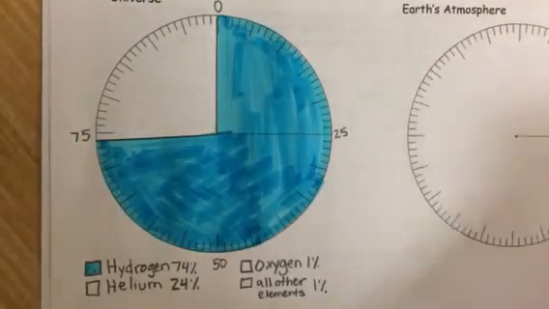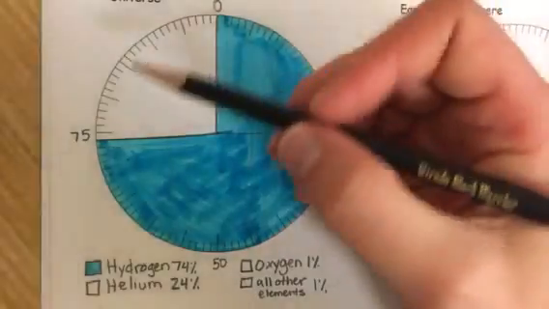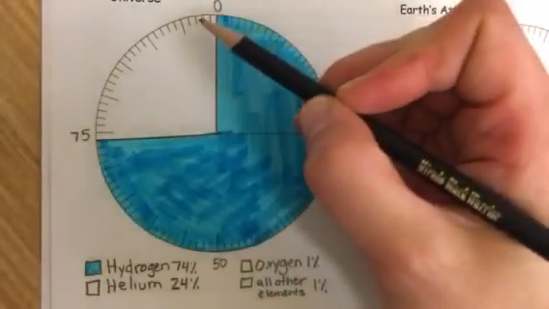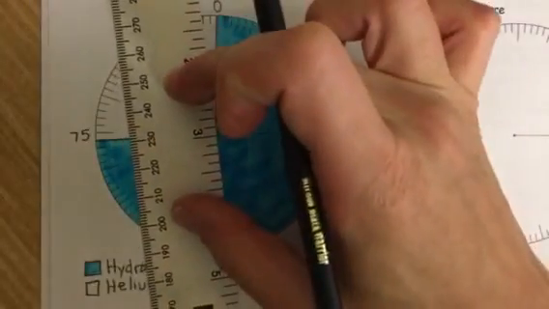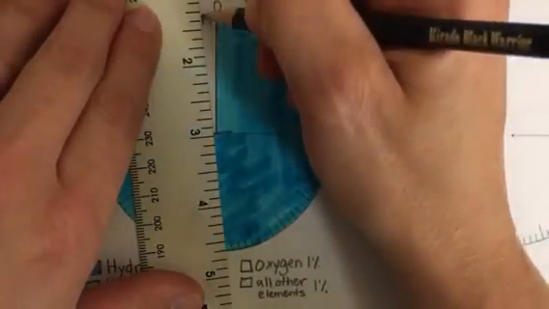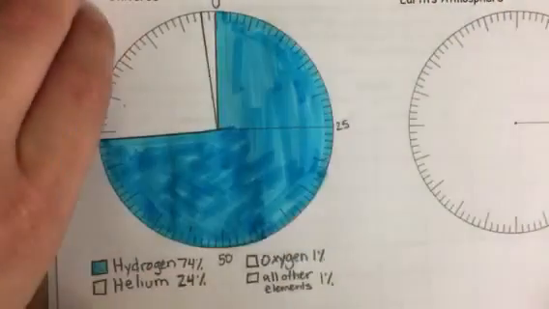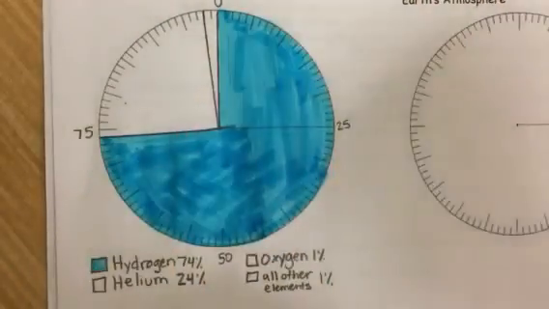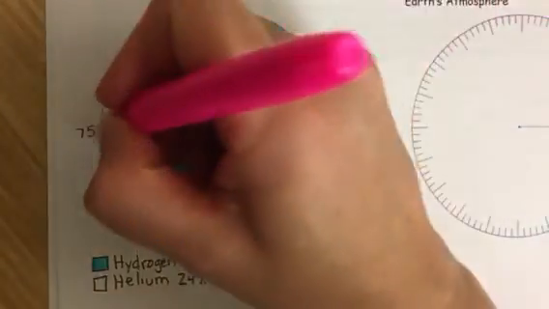Now that hydrogen is blocked off, I need to mark off 24% for helium. So you could count all of your tick marks and you would notice that you end right here. Using my ruler, connect the center dot to make my pie slice. And now I'm ready to select a different color for helium. I have selected pink.